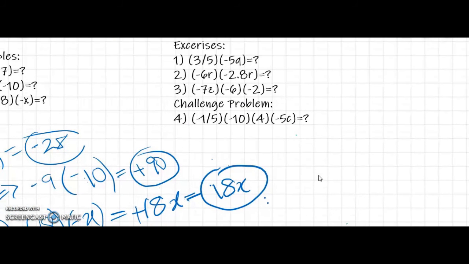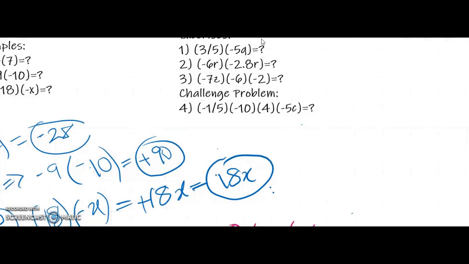But in these exercises, in exercise 1, it's very similar to how I just showed you. For exercise 2 and 3, you really can't do the division problem because it's multiplication. But for number 4, it's a challenge problem, and the reason I put it as a challenge problem is because I want you to solve it with the least steps possible.